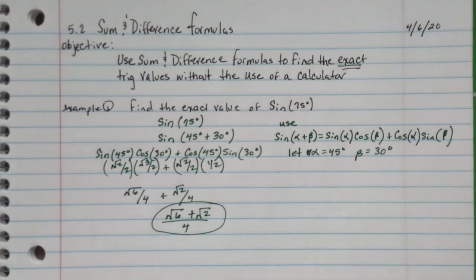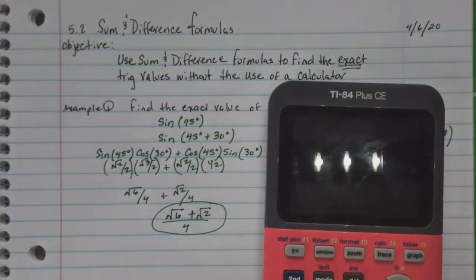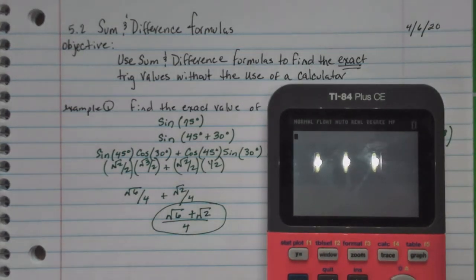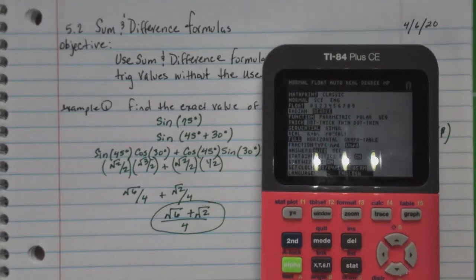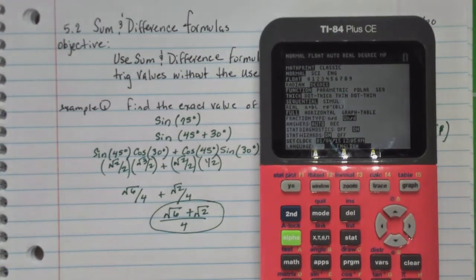Okay? So let's test that and see if we have that correct. We can use the calculator to check our answer, but you should be able to do this without the use of a calculator to get your answer, and then you can go ahead and check. First, make sure you're in degree mode. So go ahead and change that if you're not. All right.